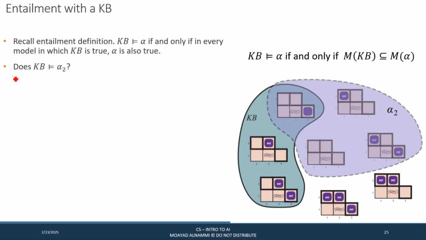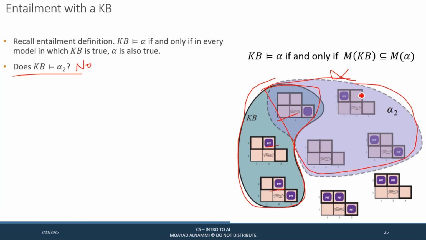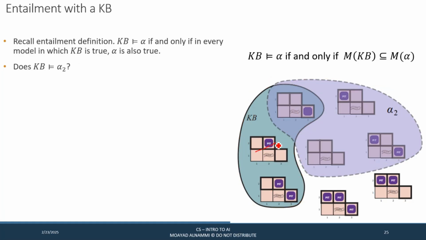Okay, what about alpha 2? Does the knowledge base entail alpha 2? The answer is no. KB does not entail alpha 2. Why? Because the set of models in which the KB is true, which are these 3 models here, is not a subset of the set of models in which alpha 2 is true. You see that alpha 2 does not contain these two models here. And so we cannot say that alpha 2 is a true statement.